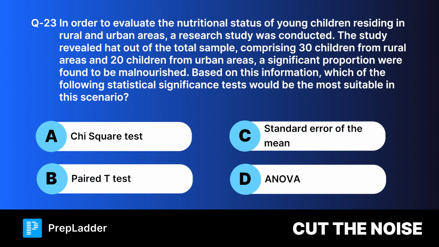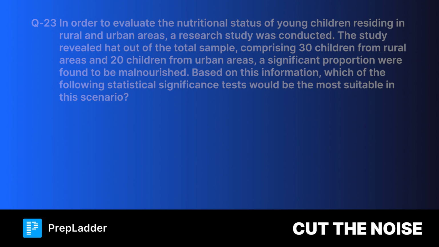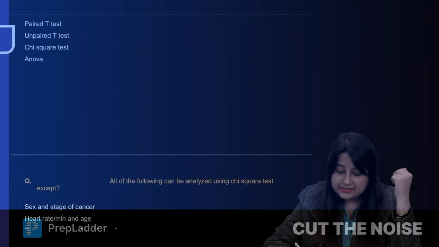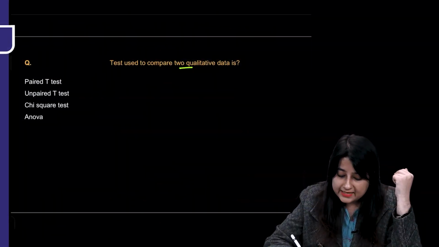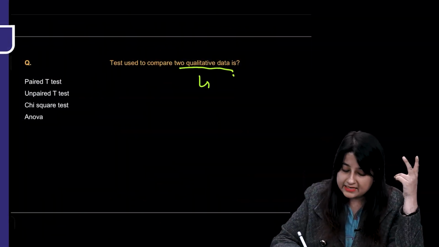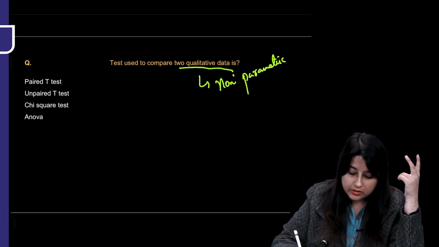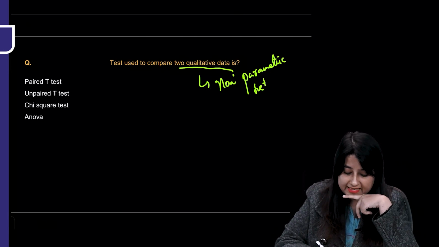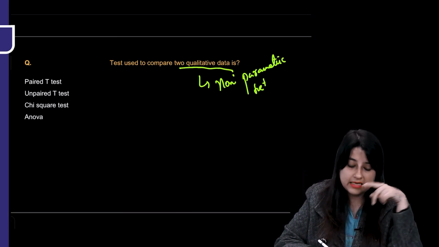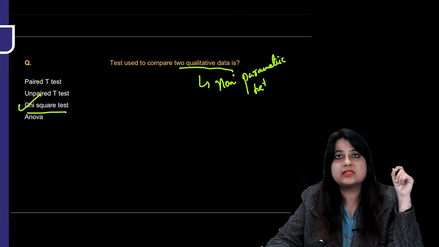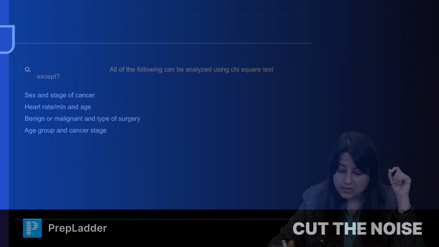Your options are. And the correct answer is chi-square test. Here's the explanation. Test used to compare two qualitative data. So I've said qualitative, so obviously it should strike your mind that we have to use a non-parametric test. So paired t-test, unpaired t-test, ANOVA, all these are parametric. Which one will you use? Obviously chi-square test.